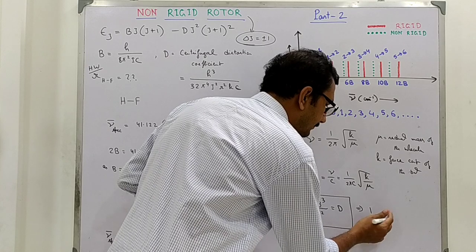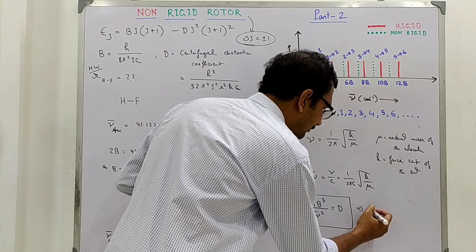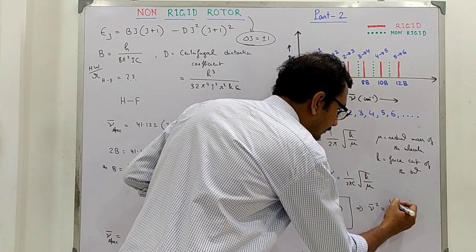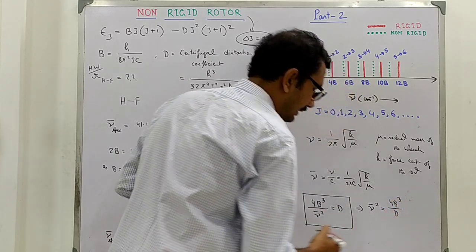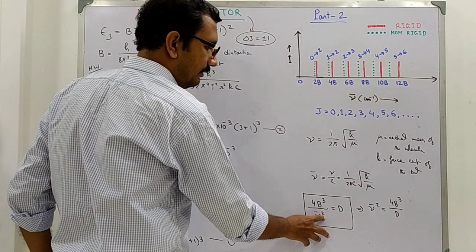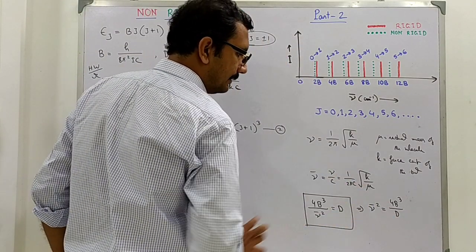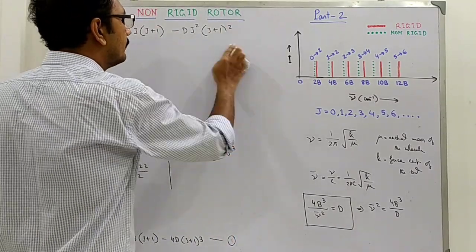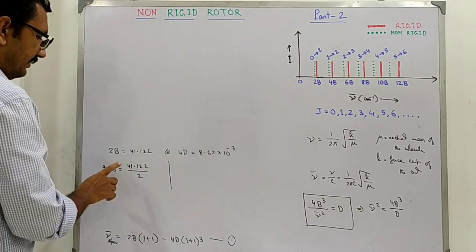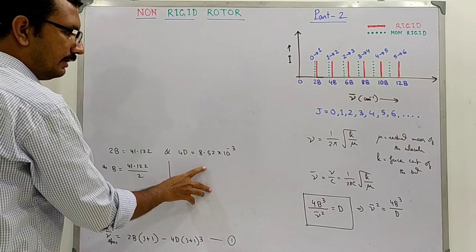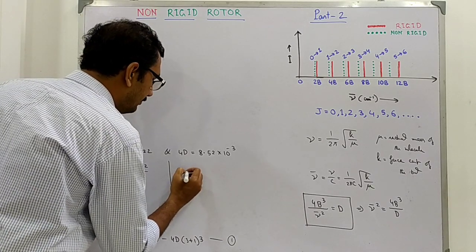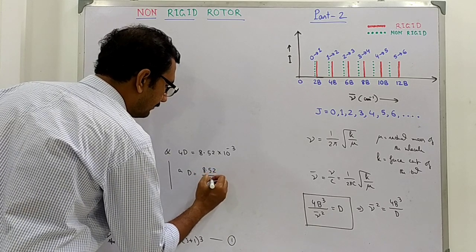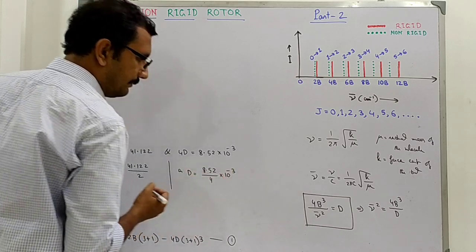So, it will imply nu bar square equals 4b cube by d. We have the values of b, we have the values of d. Now, the value of d will be 8.52 by 4 into 10 to the power minus 3.